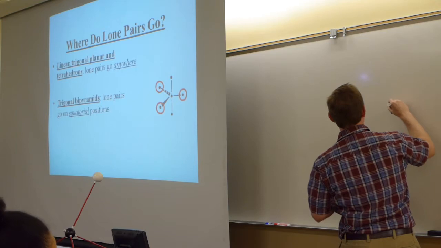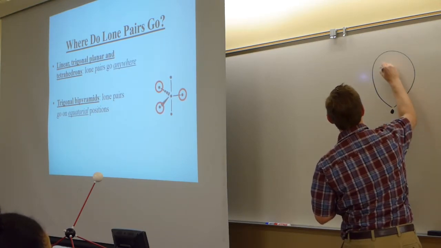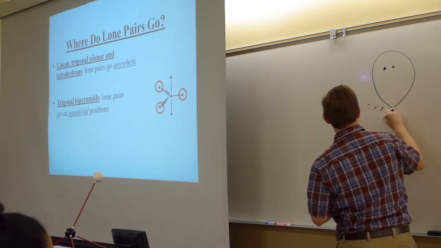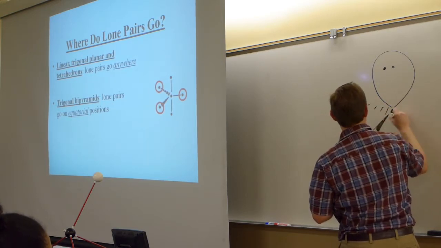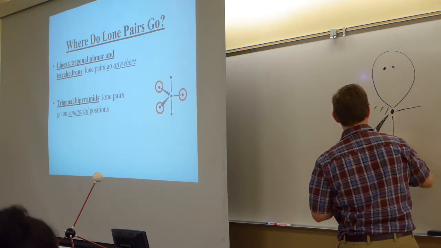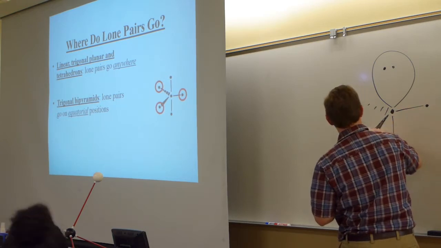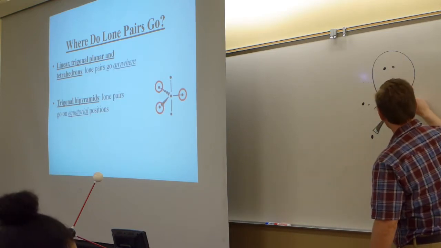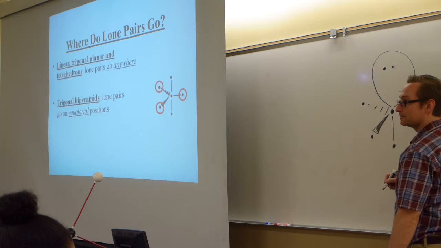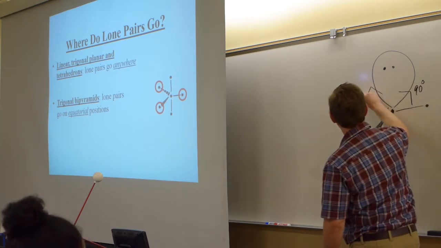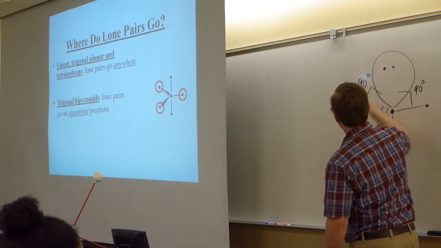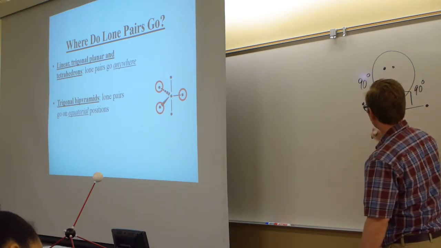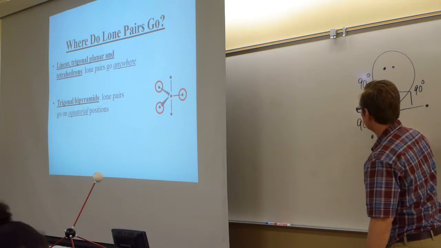If I have this big lone pair of dots there, this angle would be 90 degrees. This angle would also be 90 degrees. This angle here would also be 90 degrees.